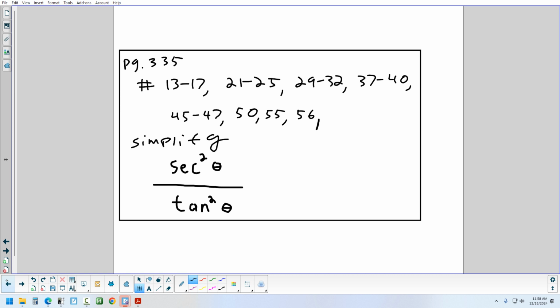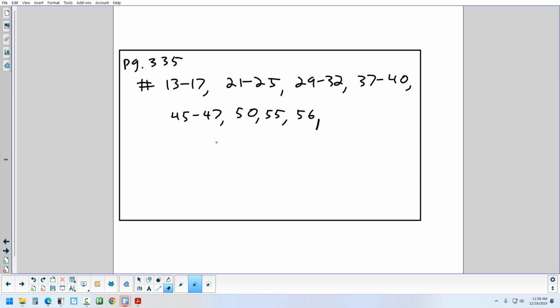Okay, so let me just double check. So 13 through 17, that's just finding the sine and the cosine. You do not have to do all 6.